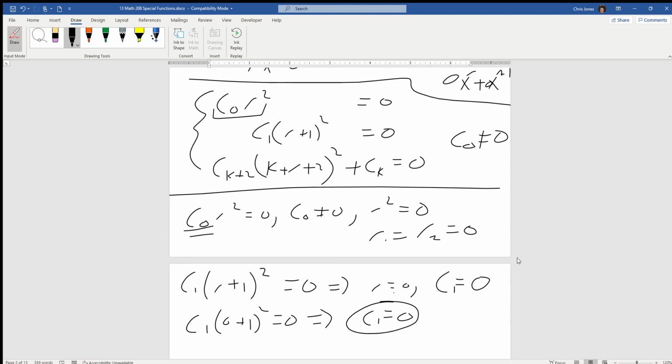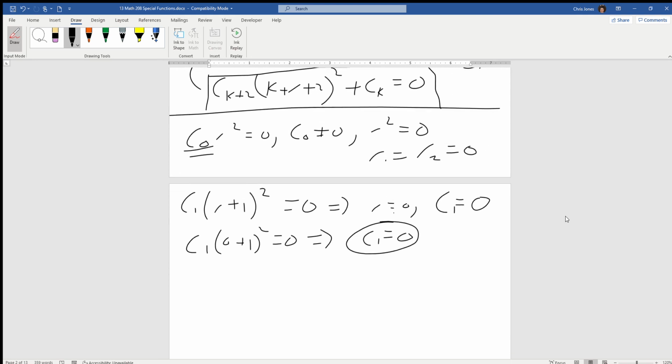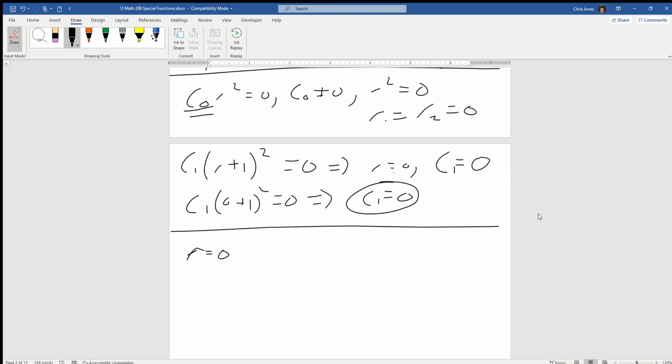And so now what we can do is we can finally utilize the solution from the indicial equation and substitute it back into our recurrence relation. All right, and what do we get? Well, since R is equal to 0, and it doesn't matter which R we're going to pick because they're both the same, but let's just say R equals 0.